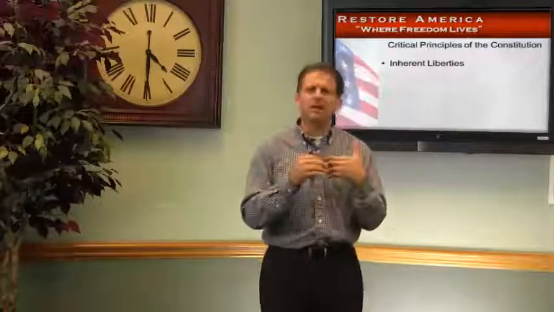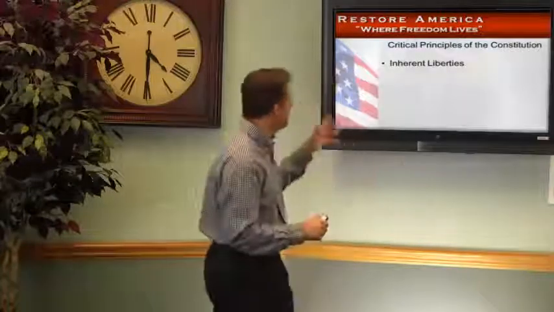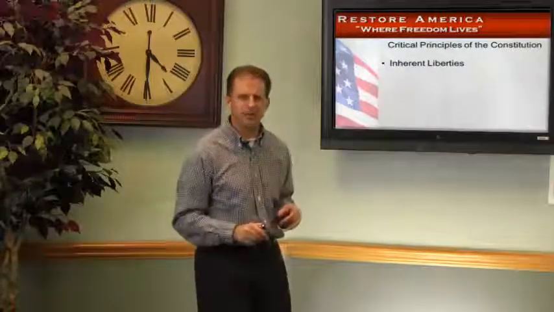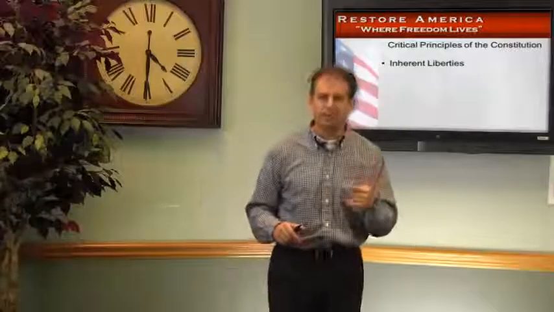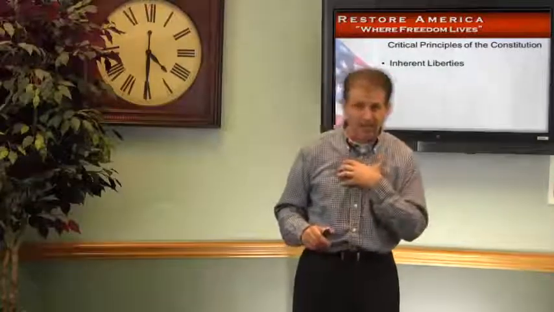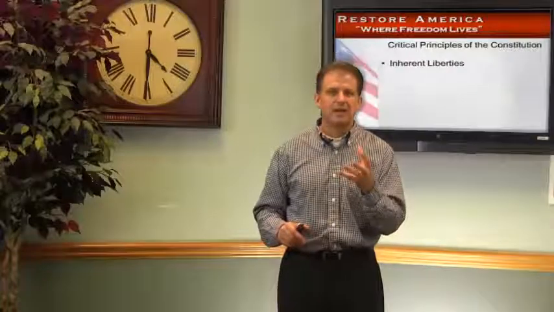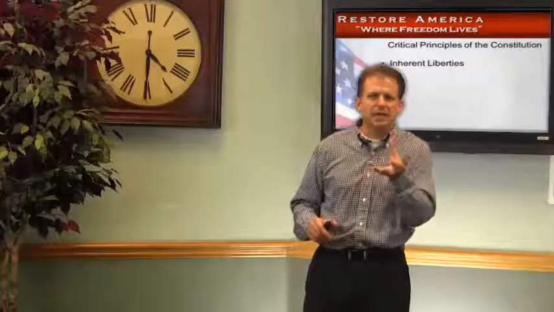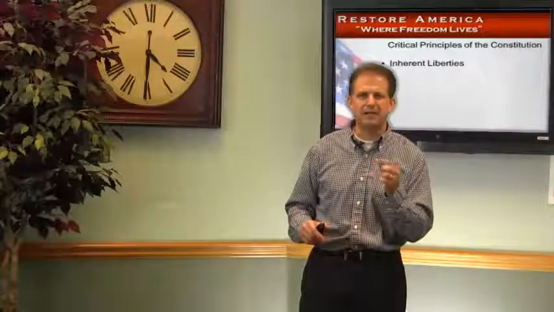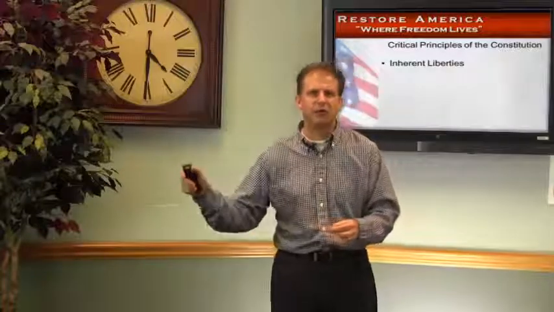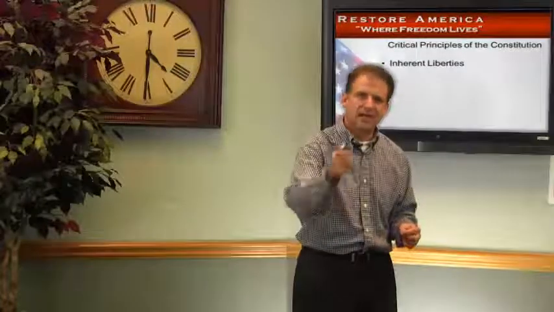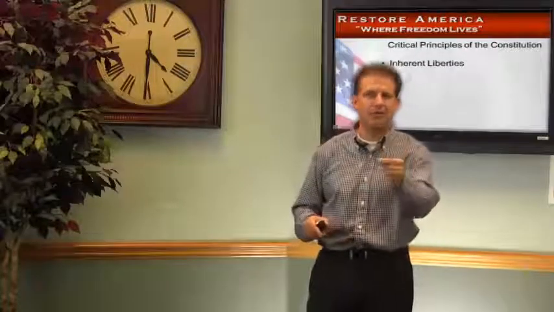So when we're talking about unalienable rights in the context of inherent liberties, here's what's important to understand. An unalienable right, again, is it inherent in us? But more than that, when you are exercising an unalienable right, it is something that does not require the assistance of a third party to exercise. And that's precisely the problem with Senator Tom Harkin.